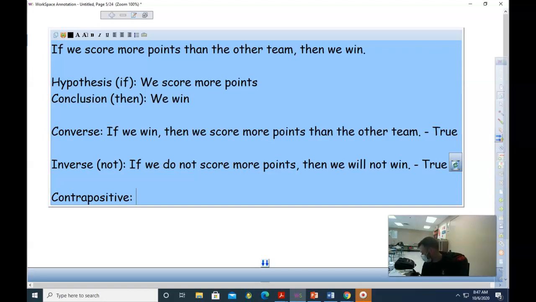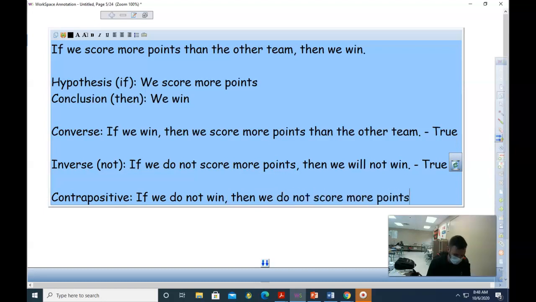Contrapositive. So that's if we flip it and add not, right? So that means if we do not win, we do not score more points. That was also true. Phew.